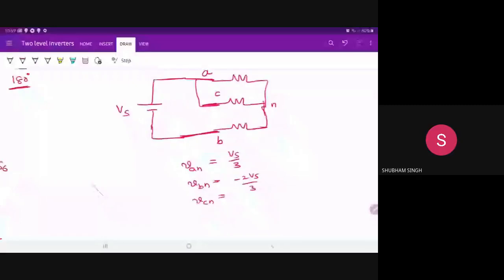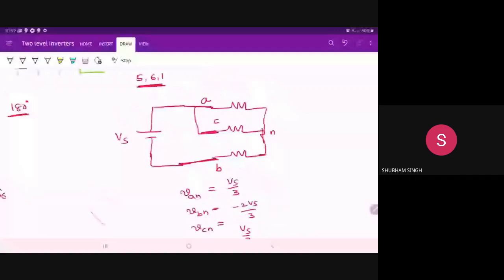Simple, you can directly assume this current is I, and the same current I is leaving here. So this current is I by 2 and this current is I by 2. From that you can calculate the voltage drop across A and N. You assume the load resistor R here, all equal.